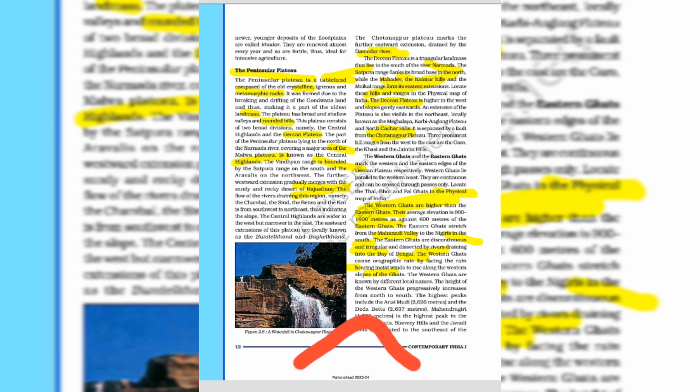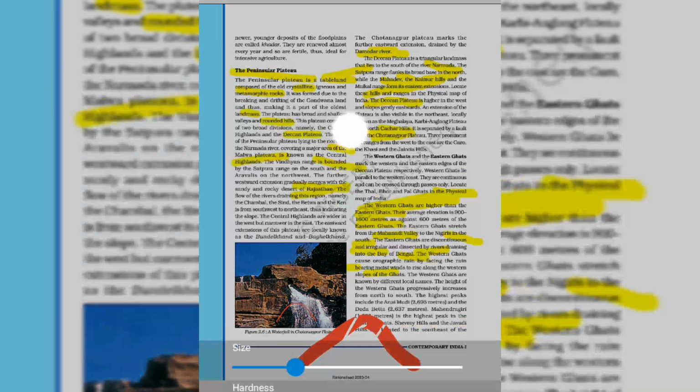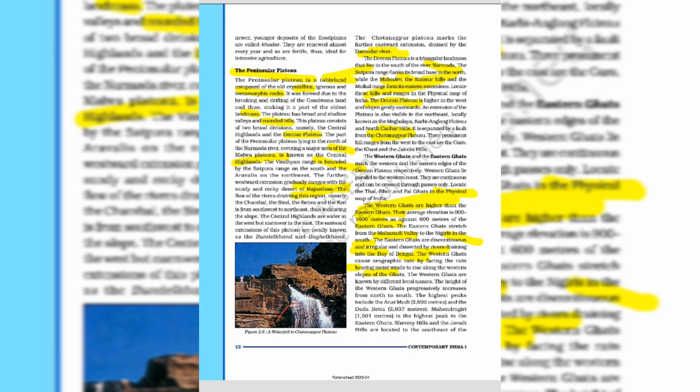Suppose this is the mountain, which acts as a boundary, the Western Ghats.